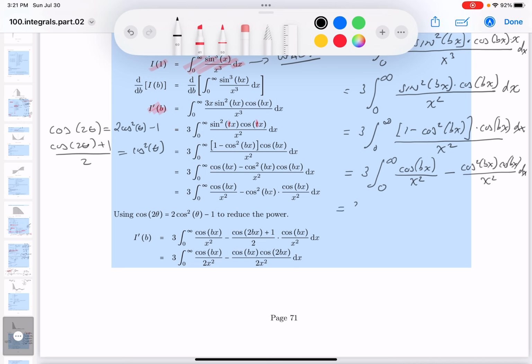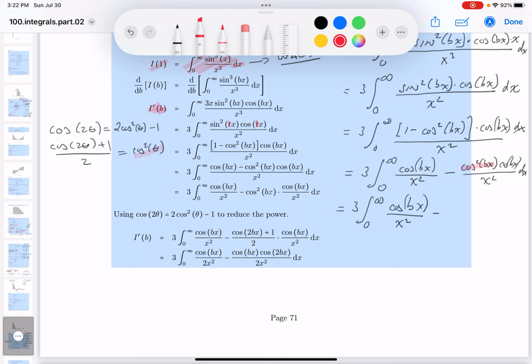All right, let me see if I can write that down. So you get 3, 0 to infinity. Cosine bx, that's not an issue, over x squared, minus, and here comes the tricky part, and I'll tell you what I'm doing over here. I'm taking this, and I'm using this over here to rewrite it.